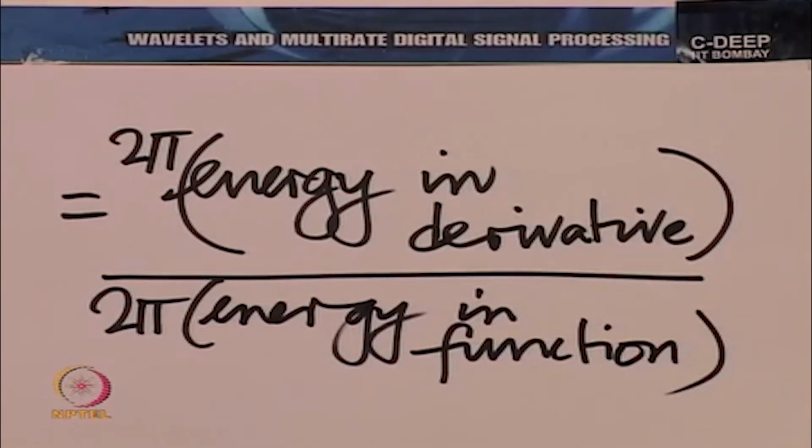And please note that this inference that we have made is independent of what function we consider. As long as the function is real, the variance in frequency is going to be this ratio, the energy in the derivative divided by the energy in the function. Let us make that remark.